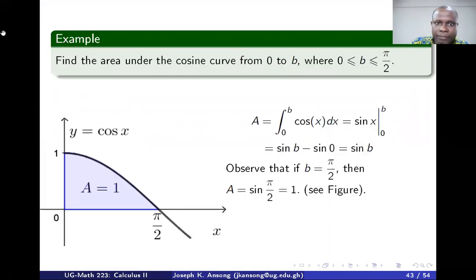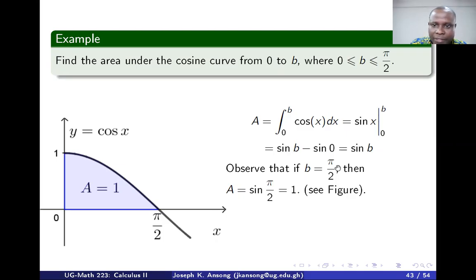Good. So this is a simple example that we can do. Find the area under the cosine curve from 0 to b, where b lies between 0 and pi over 2. I've drawn the cosine curve here. This is easy. From 0 to b, we integrate cosine; the integral of cos is sine, from 0 to b, is equal to this. Sine of 0 is 0, so I have sine b.